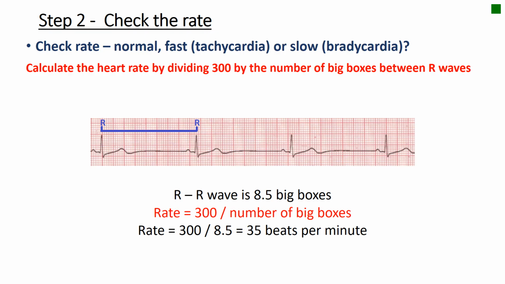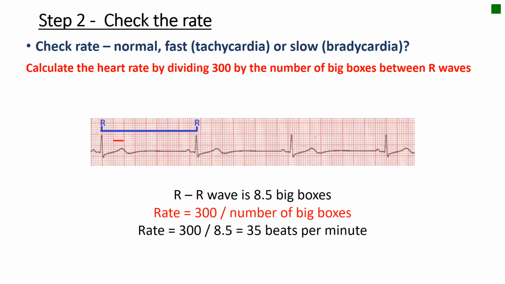So here we have an ECG where we want to check the rate. Is it fast, normal, or slow? So an easy way to do this is to measure the number of big squares, remembering there are 5 small squares in a big square.